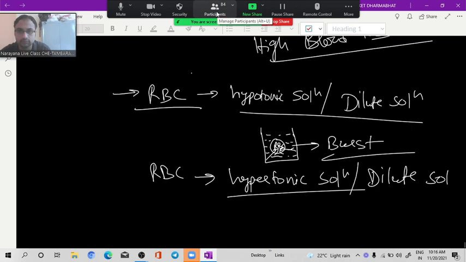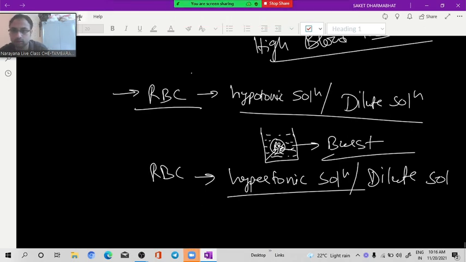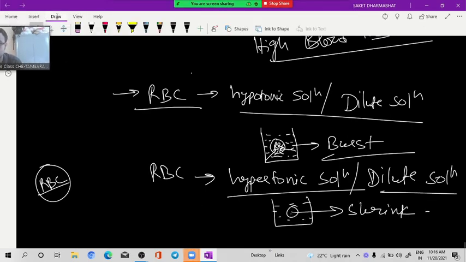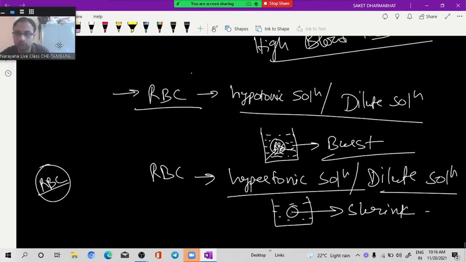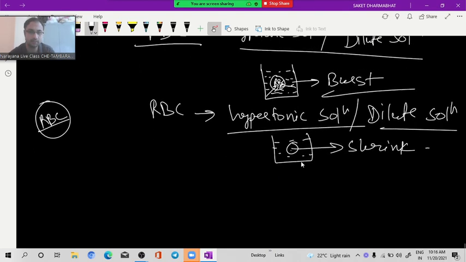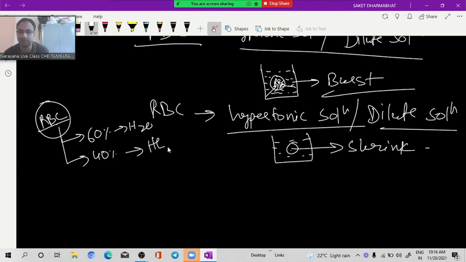Okay, see here. Here what is happening? Hypertonic solution. Inside the RBC, what is present? Tell me. 60% is water, and the remaining 40% is hemoglobin, the solid part.